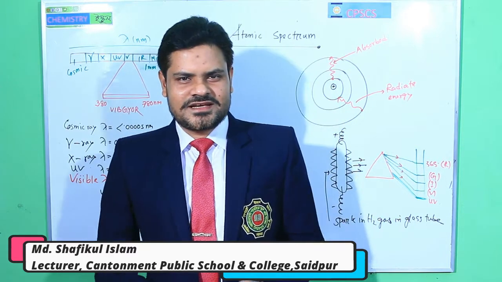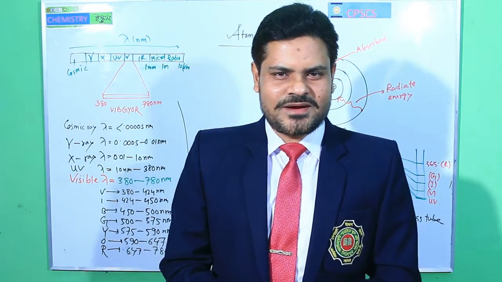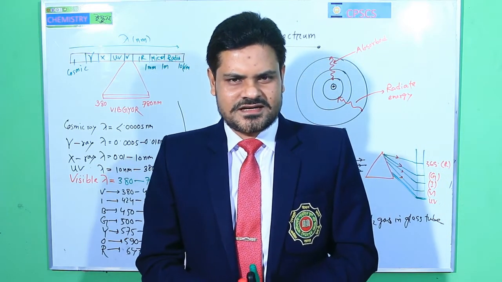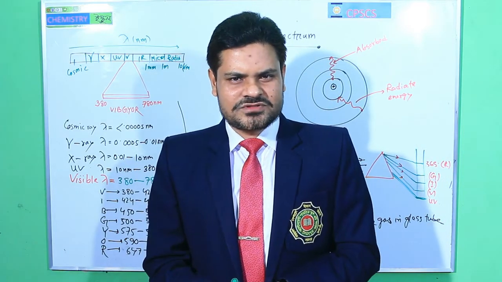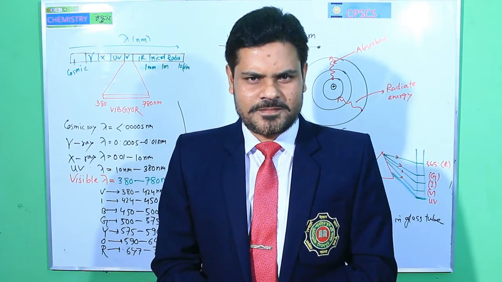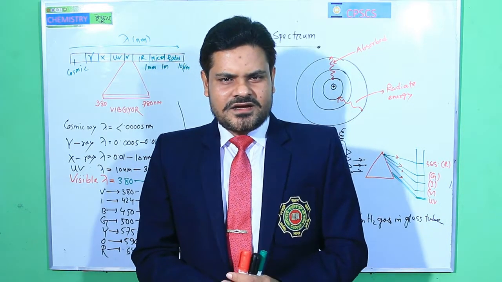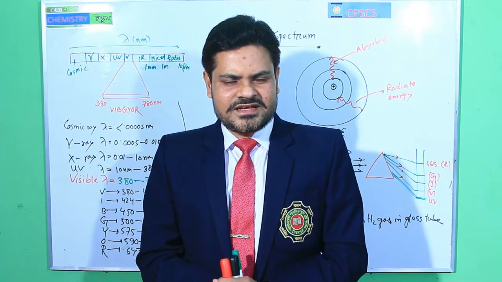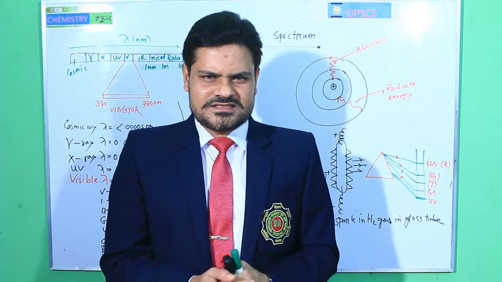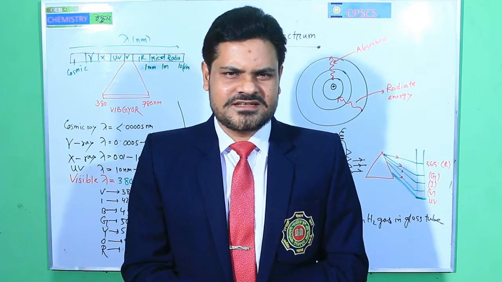Dear learners, today we want to discuss the atomic spectrum. The concept of the spectrum came from Niels Bohr's model. We know that when the electron moves around the nucleus, it doesn't emit or gain energy by itself.